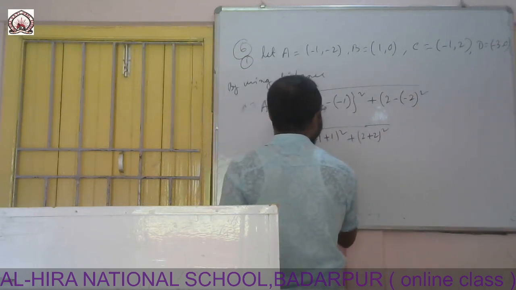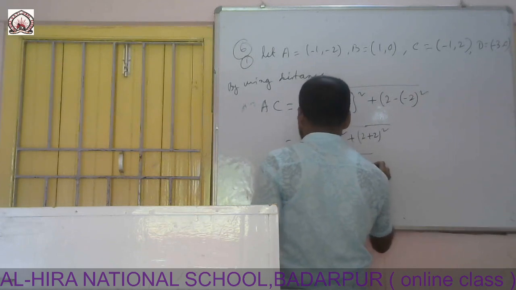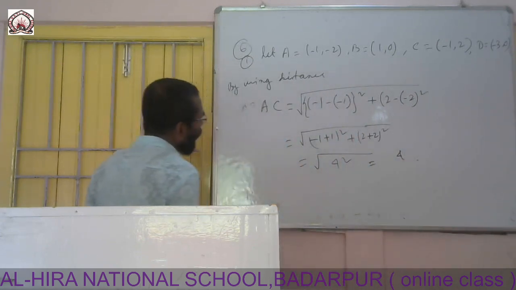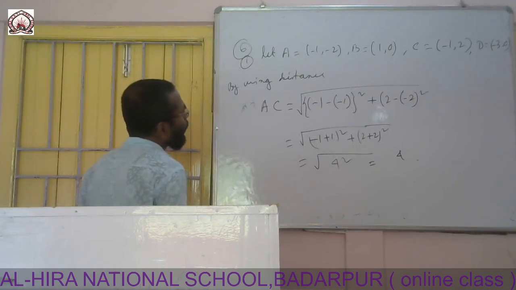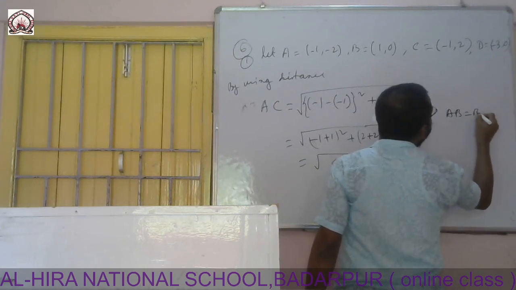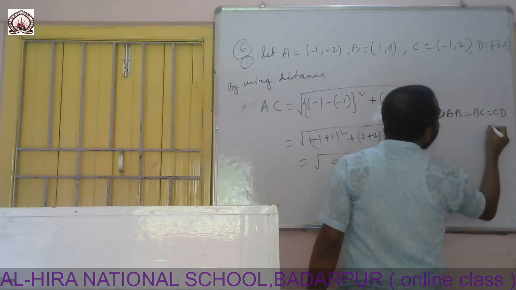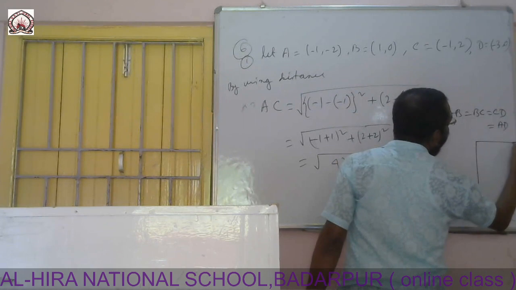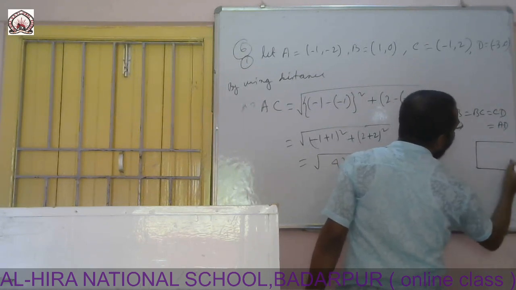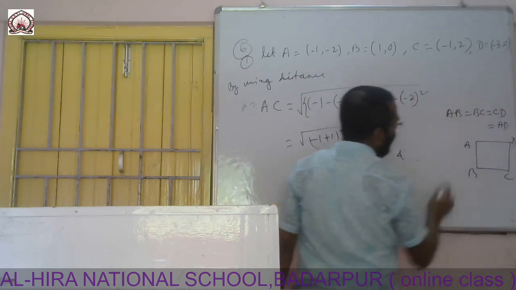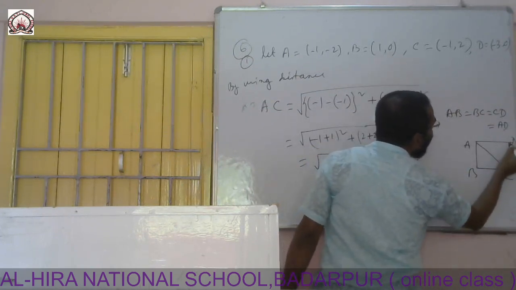Minus 1 plus 1 cancels, and 2 plus 2 is 4, 4 squared is 4. So AC we are getting 4. Then we have to find AB, BC, CD, AD, these 4 sides, and also the diagonals.